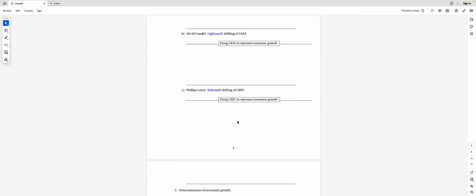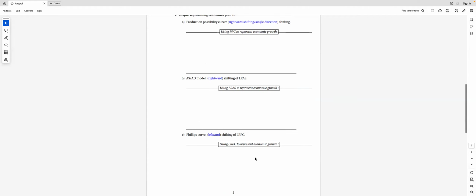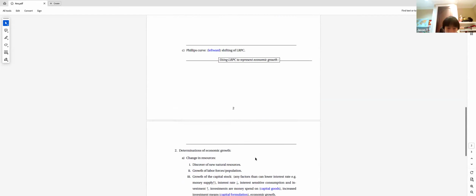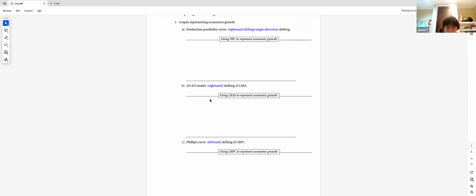So for your third graph, you should shift long run PC to the left to show that we have economic growth. Remember these 3 graphs. So page number 2 is about how we graphically show that we have economic growth.